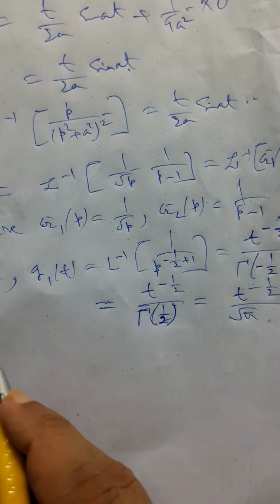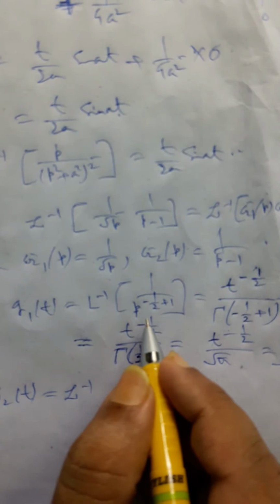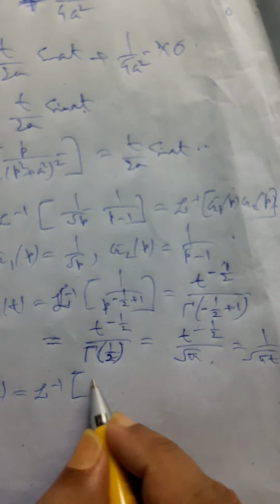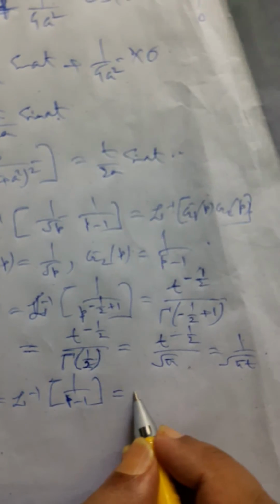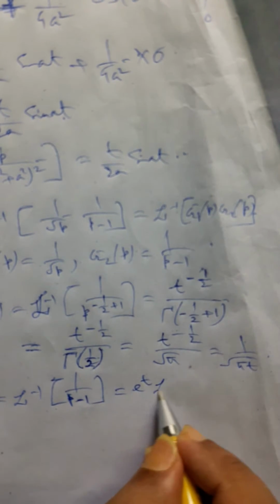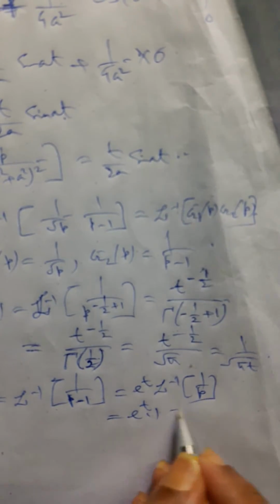And now g2 t will be L inverse of 1 by p minus 1. So by the shifting theorem we have e to the power t, because it will be minus 1, that's why e to the power t, L inverse of 1 by p. So it's clear that e to the power t into 1, so it will be e to the power t.